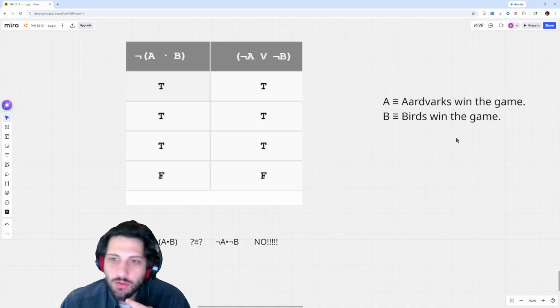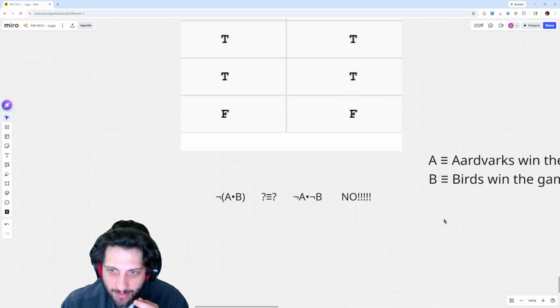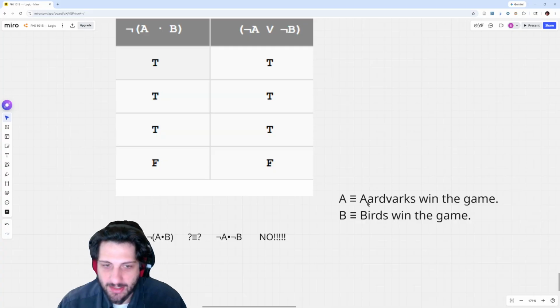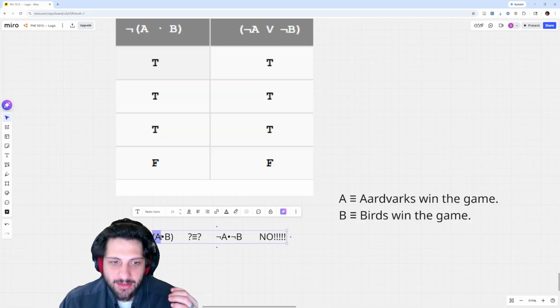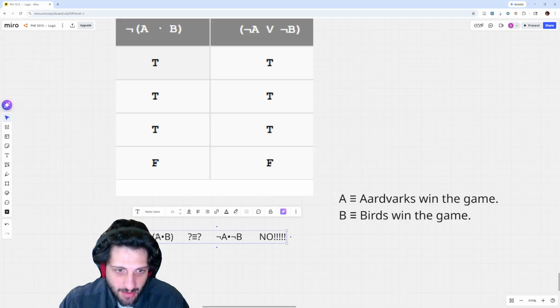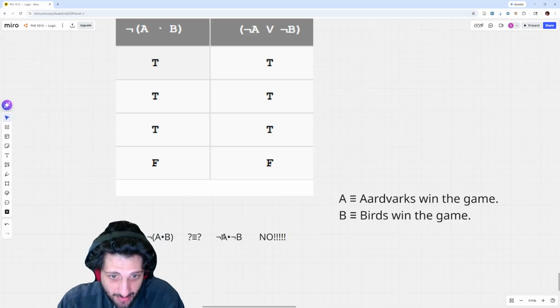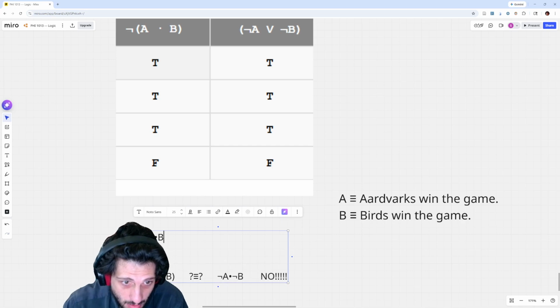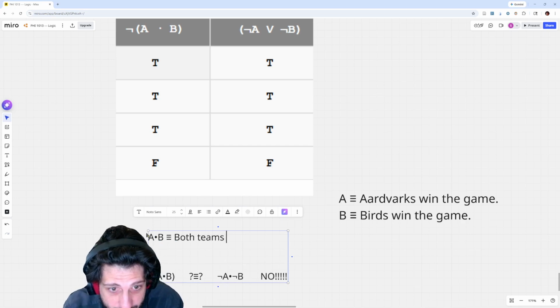Let's think about it in terms of a game, two teams playing a game against each other. If I say it's not the case that the aardvarks and the birds are going to win, this statement would mean both teams win the game.